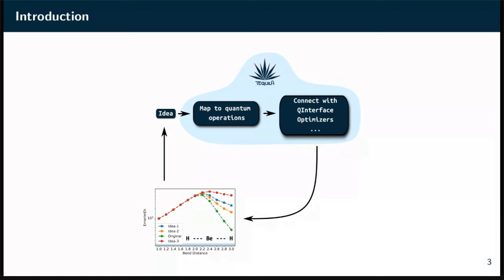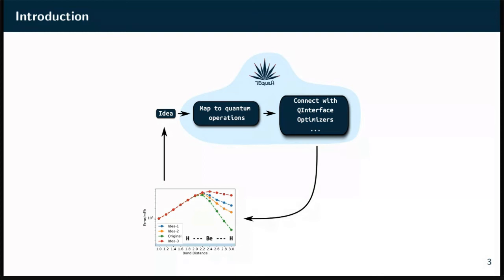And then usually you want to go a little bit larger. For example, this beryllium hydride, which gives you the advantage, it has 6 electrons and 14 spin orbitals. So there are a lot of possible combinations, and it becomes already kind of intractable to do it by hand. And then you can test how your idea performs on this.